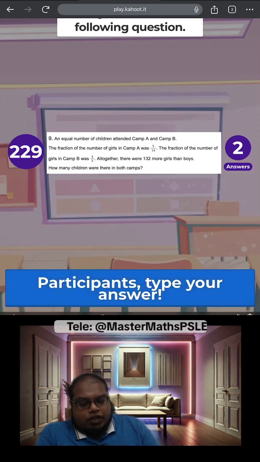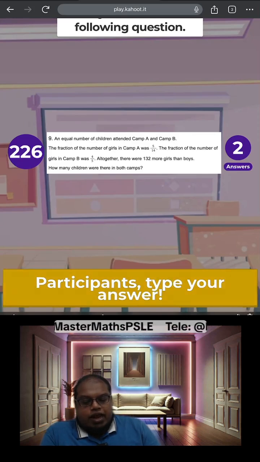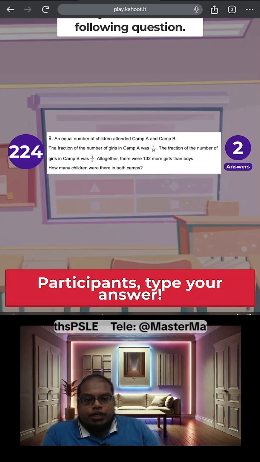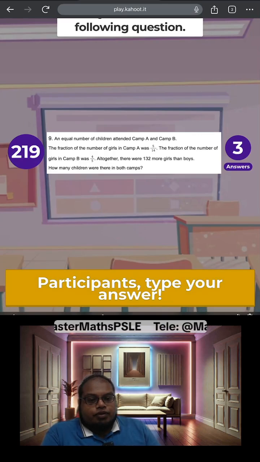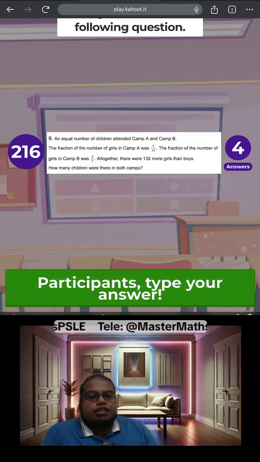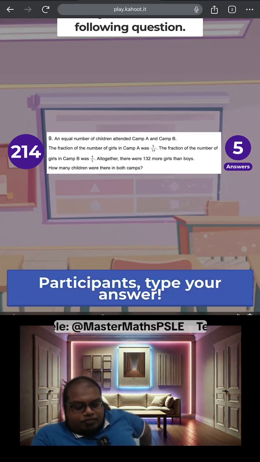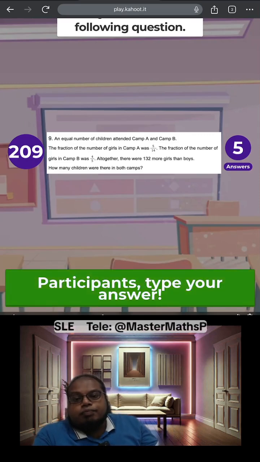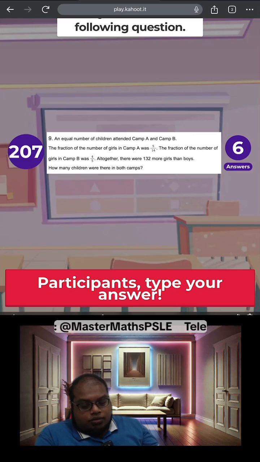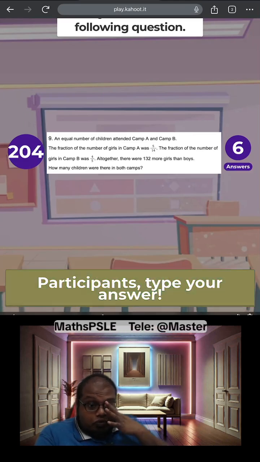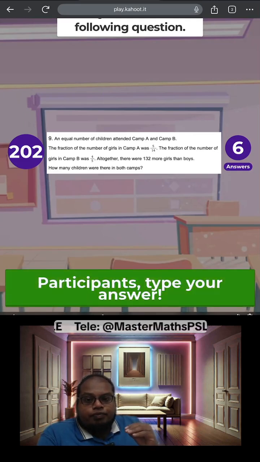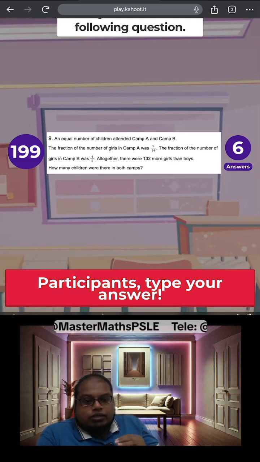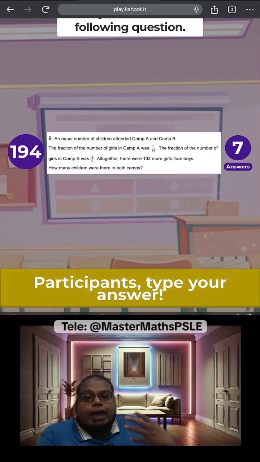So like I said just now, the hint here is that there are an equal number of children that attended Camp A and Camp B. Okay, and the fraction of number of girls in Camp A was 5/14. So what about the boys? And when you look at the fraction, which of it is the amount for the number of pupils in that camp?